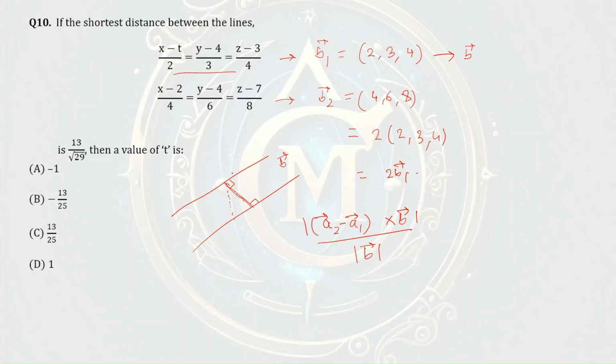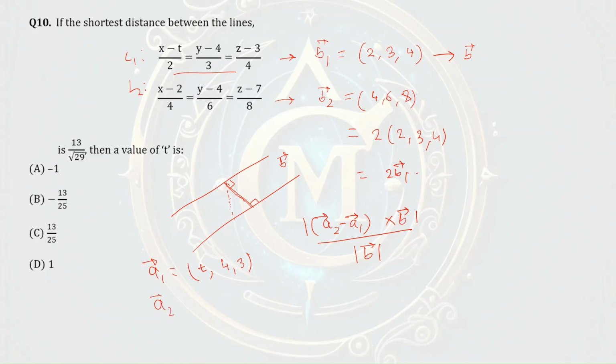So here a2 and a1 are the position vectors of 2 points on these lines L2 and L1. Let us call this L1 and this is L2. So for A1, we can take the point (t, 4, 3). So in vector notation it will be t, 4, 3.